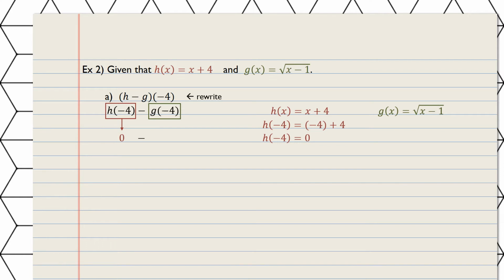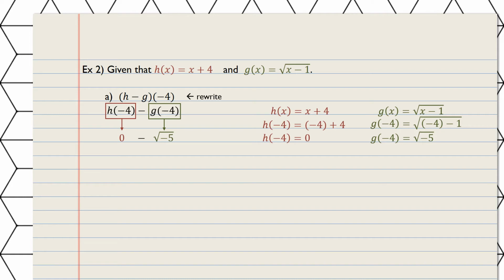Now every time you see x in the g function, we plug in the value -4. So under the radical, we have -4 minus 1. We can combine -4 minus 1 by using addition and subtraction, which gives us square root of -5. And so our problem now reads 0 minus the square root of -5.